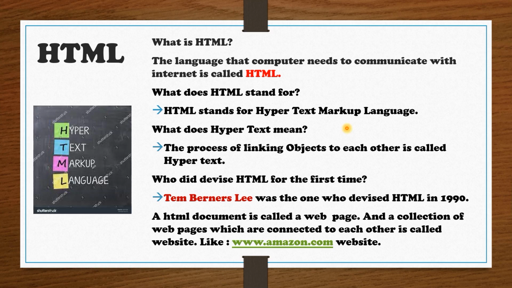In the world, there are millions or billions of web pages and websites with different names which are used for different aims. One of the websites which is so popular is called Amazon.com. So let's take a look at that.